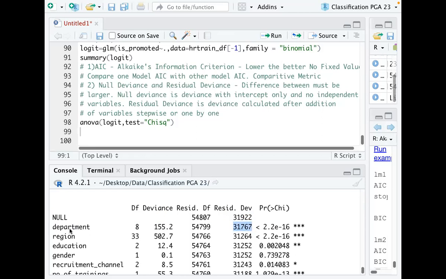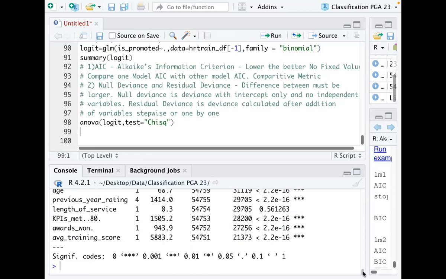After null plus department plus region, the deviance is 31,264. Null plus department plus region plus education, the deviance is 31,252. So by addition of each variable to the model, the deviance reduces.